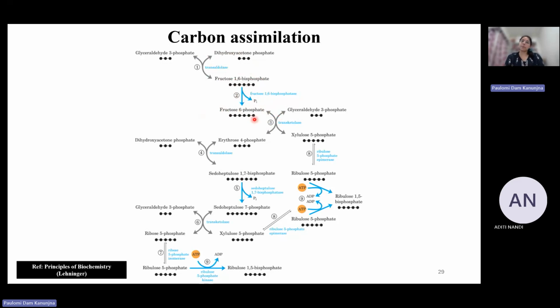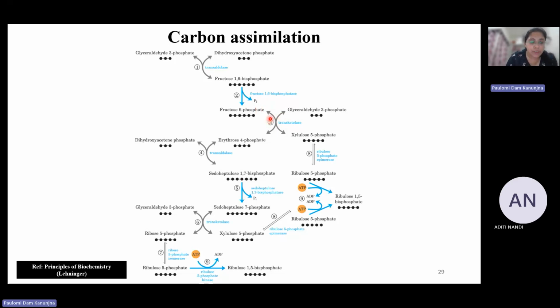You have 6 carbons still. Now this fructose 6-phosphate can give rise to erythrose 4-phosphate. Which enzymes are these? These are enzymes called transaldolase or transketolase. Now, this third reaction is basically taking place by a transketolase.